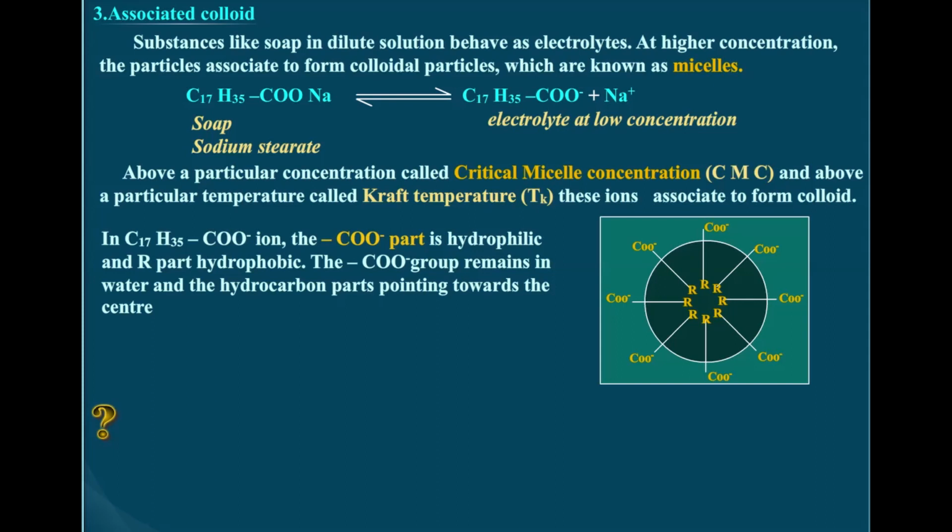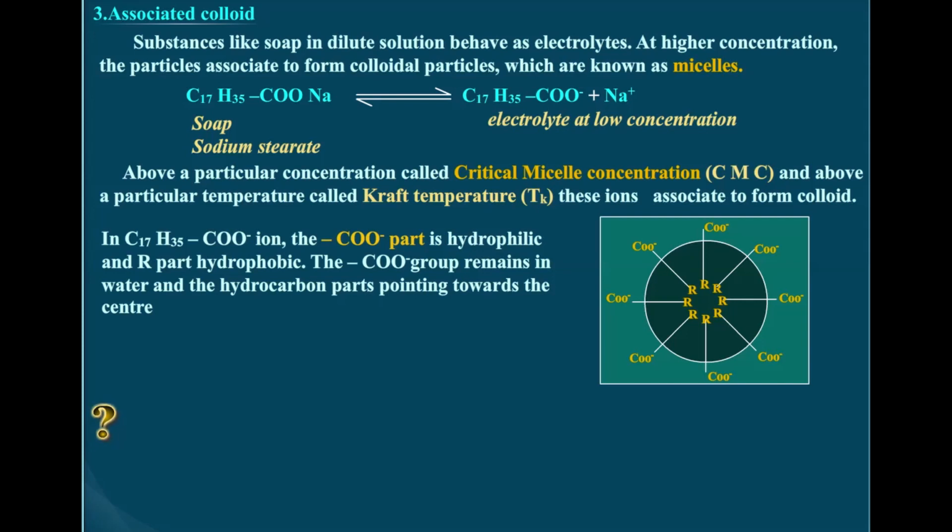And the polar group is the COO-. It is also called a polar ionic head, which is hydrophilic or water loving. That is, the alkyl part is a non-polar tail, which is hydrophobic, and the COO-, which is called the polar ionic head, is hydrophilic or water loving.